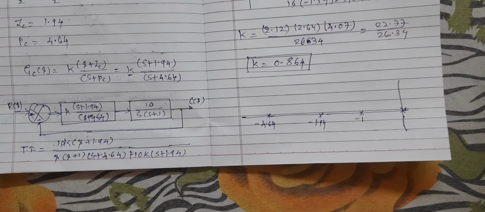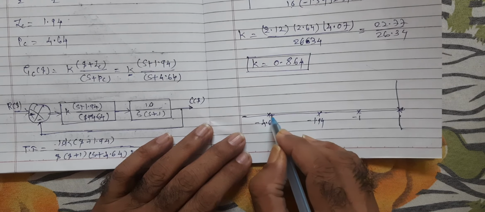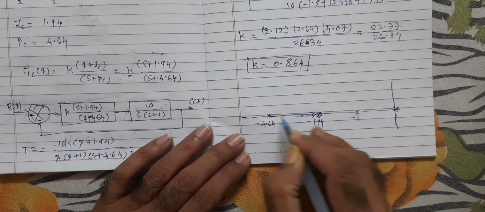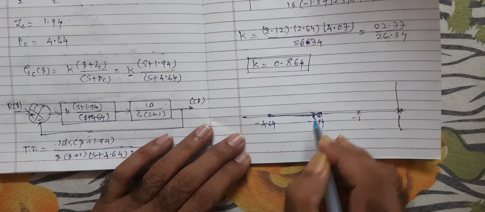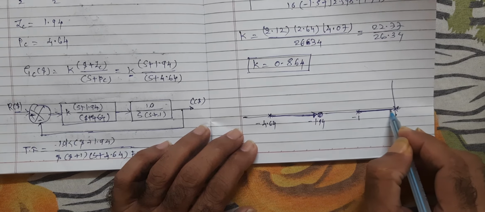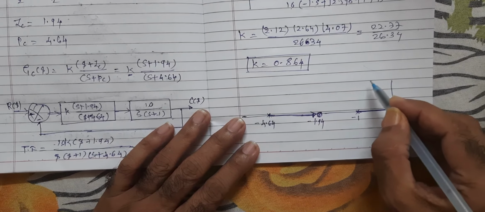Now see here, this pole will move towards this zero, and in between them there is a root locus. This root locus will now look like this.